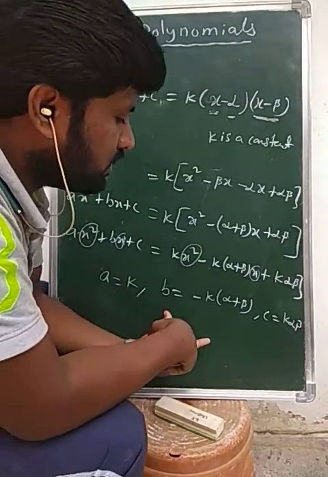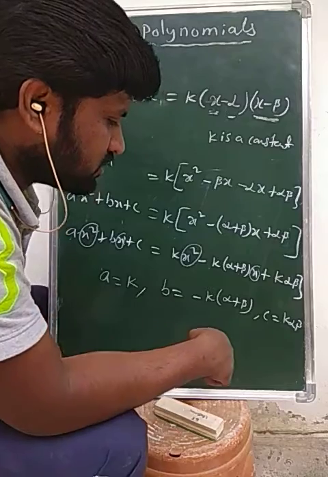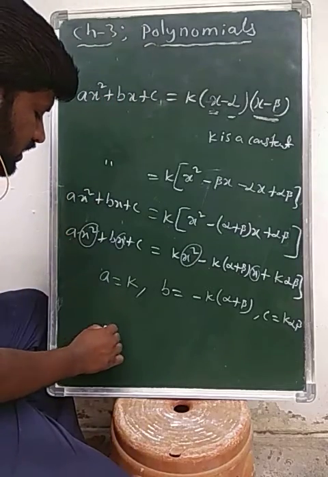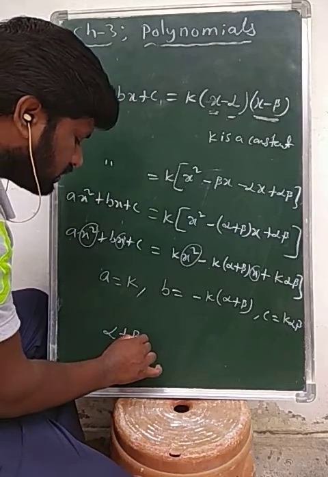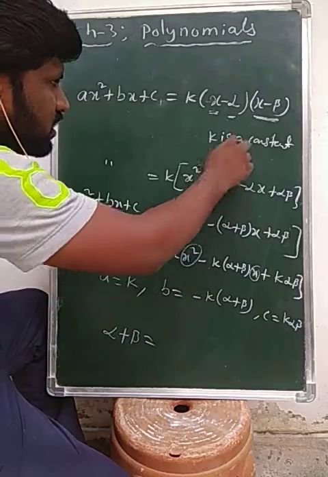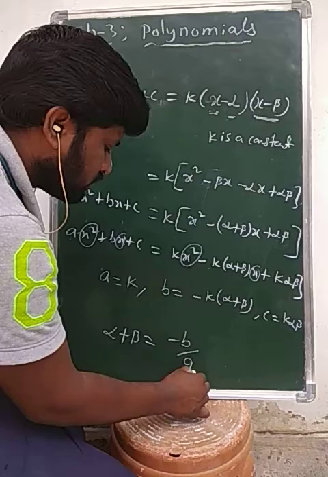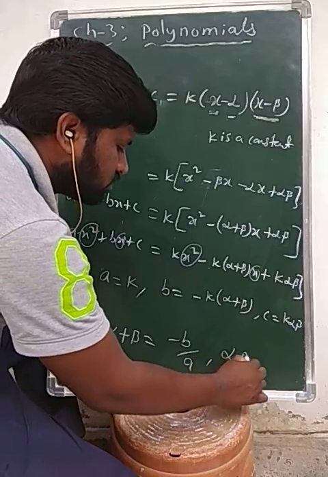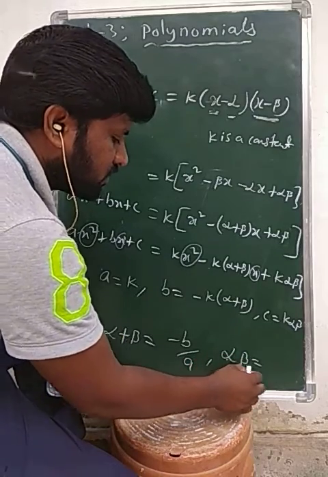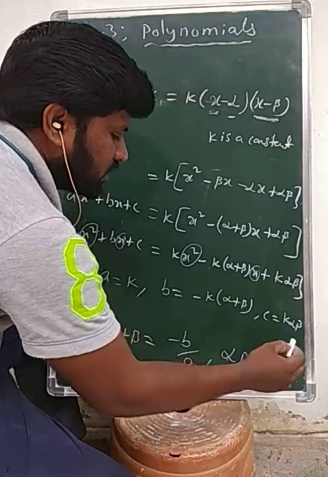So we get clearly like this. This gives us the sum of zeros, that is adding the two zeros alpha and beta, we get minus b by a, and the product of zeros alpha beta is equals to c by a.